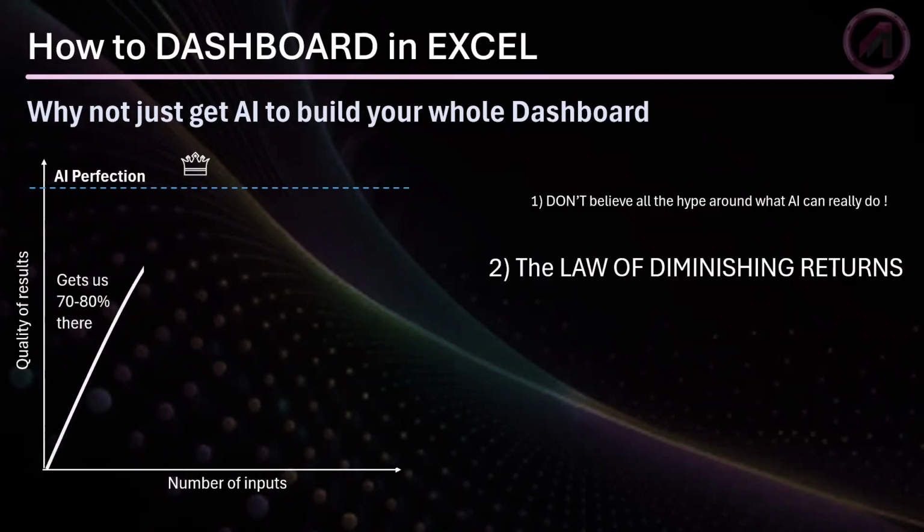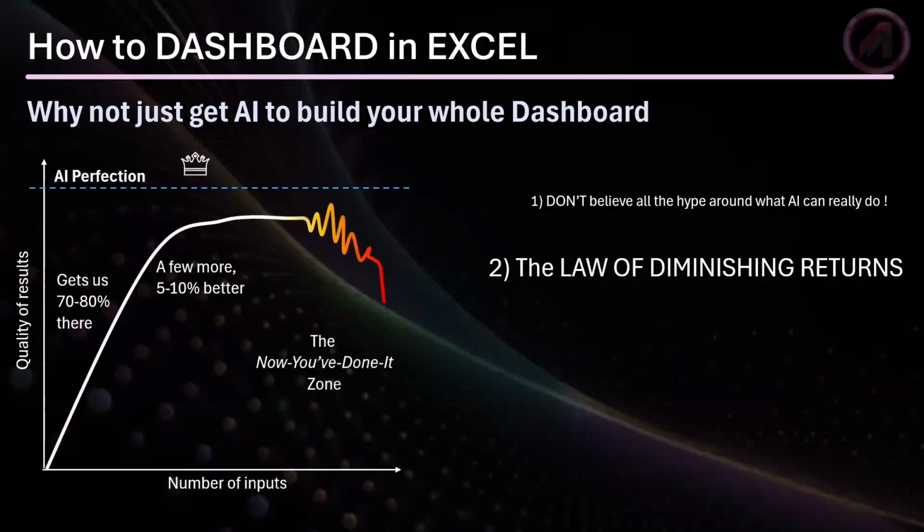You put in a few prompts, a few inquiries, and that'll get you about 70 to 80% there. Fantastic. So you think, I'll just try a few more. That'll get you about 5 to 10% better. You put in a few more, and all of a sudden you're in the "now you've done it" zone, and you'll notice the quality of your work gets worse and worse. If you've ever done any sort of work with AI, you will notice that starts happening.